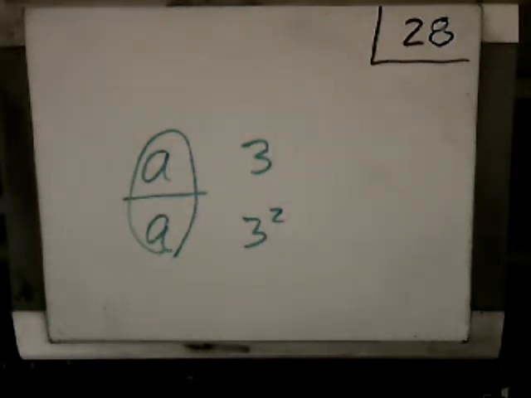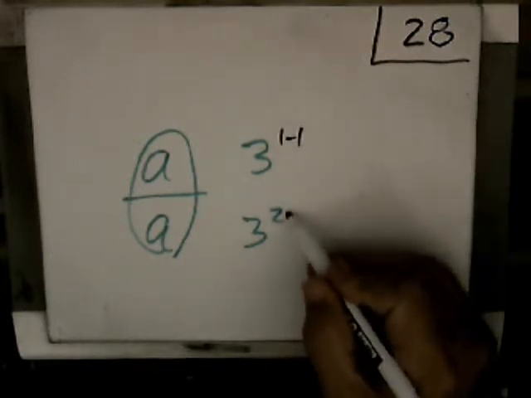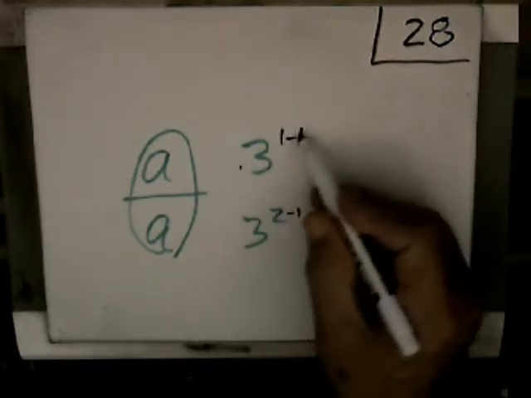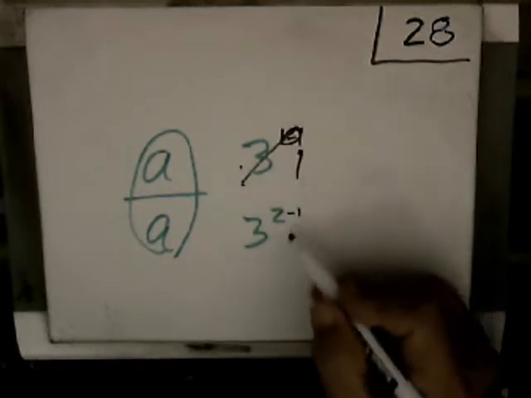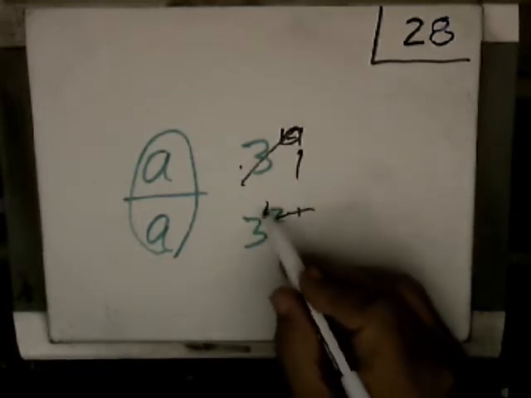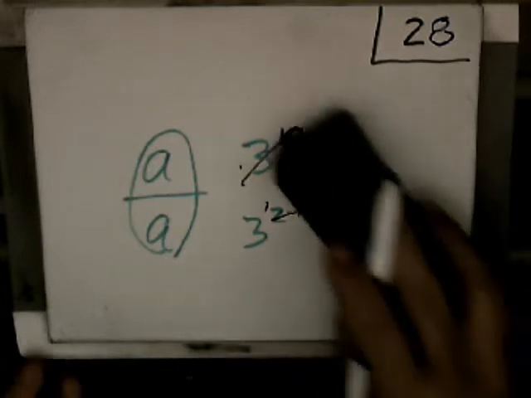But if I were to have something like this, that would certainly be one way I could do it. I would subtract 1 from there and subtract 1 from there, so I'd have 3 to the 0, which is 1. And I'd take 1 away, and so I'd have 3 to the 1, which is just 3. So when I'm dividing numbers or letters, I have to have the same base if I'm going to work with them in terms of exponents. Numbers, I can work with them in terms of factors, and I can reduce them that way. So lots of times I don't use exponents.